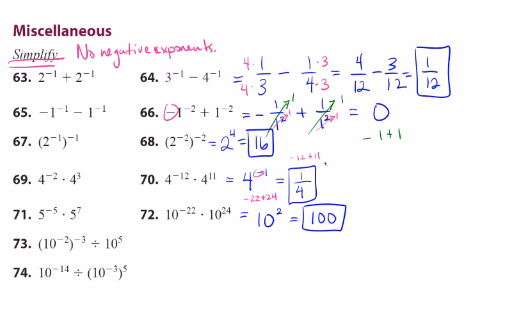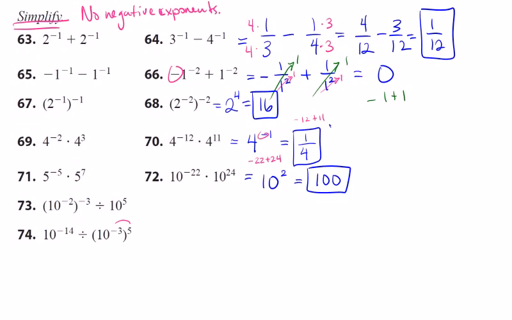So I'm going to use the power rule first. So 10 comes down, I'm going to multiply those exponents. So negative 3 times 5 is negative 15. So I just multiply those. Okay, so now I have 10 to the negative 14th divided by 10 to the negative 15th.